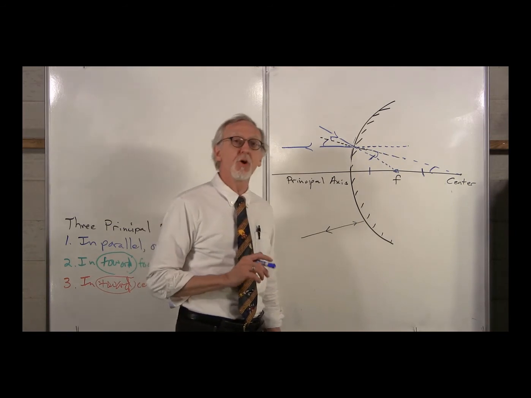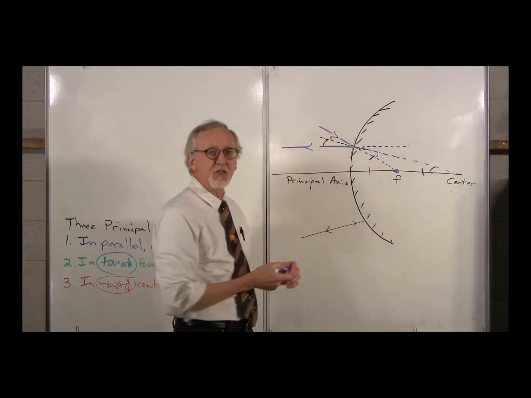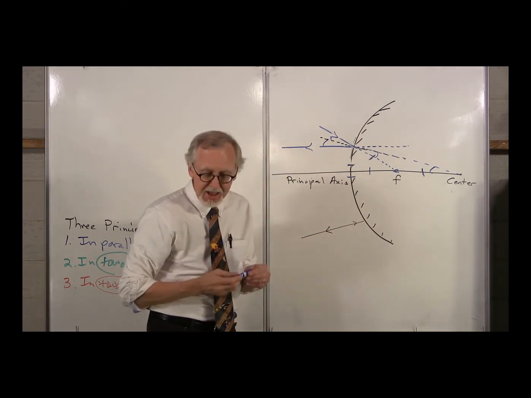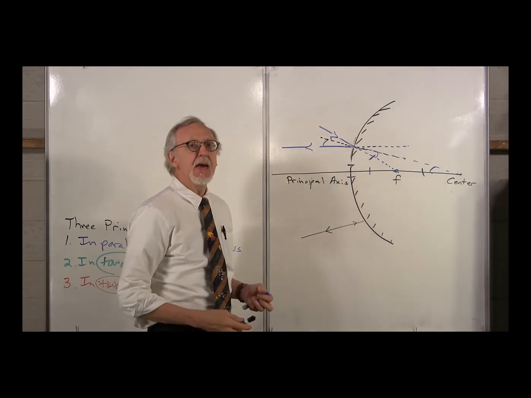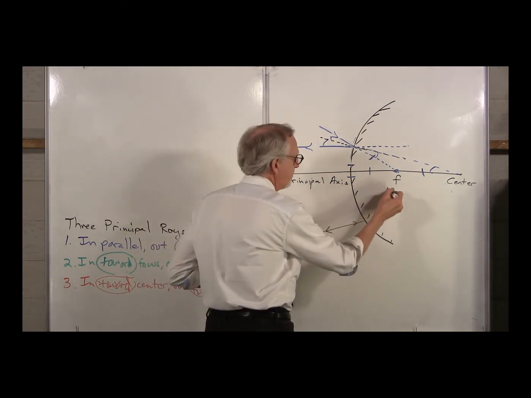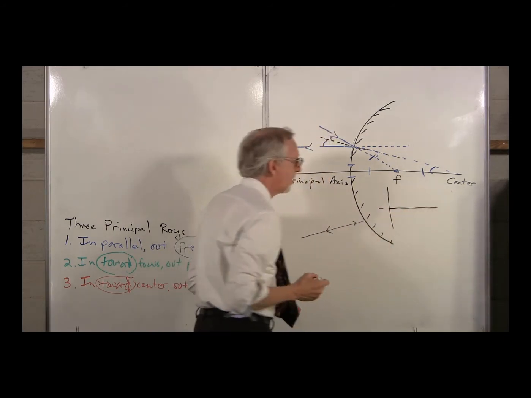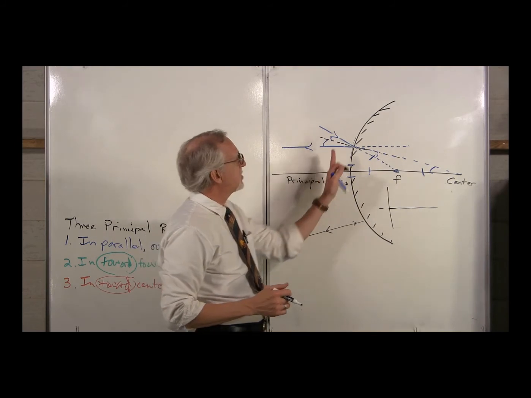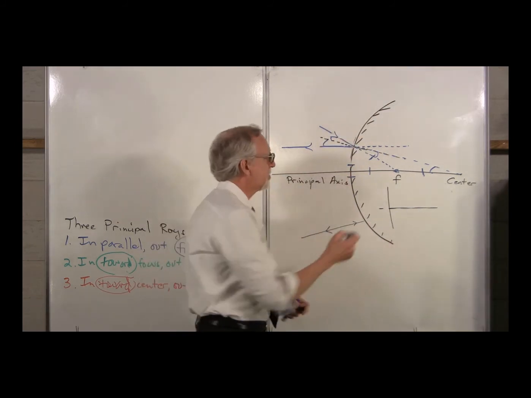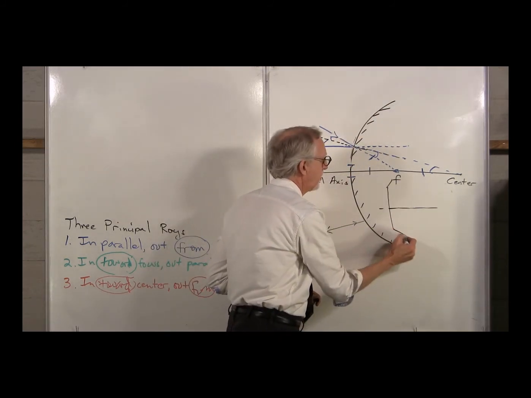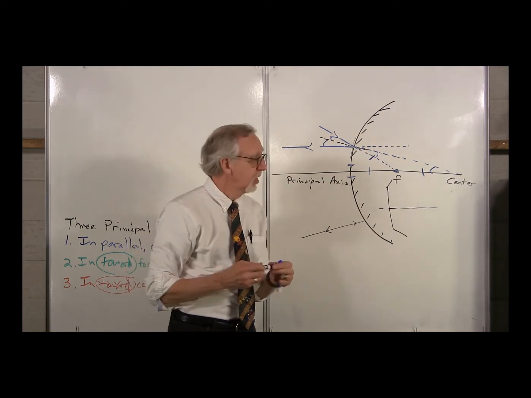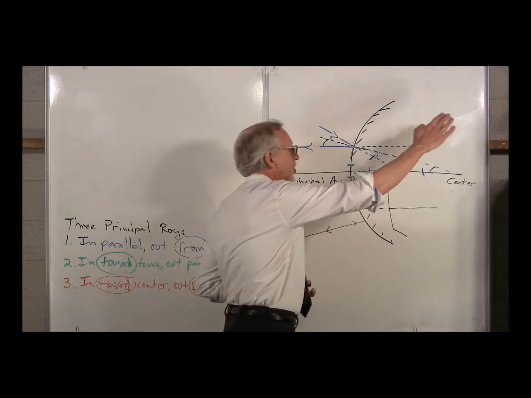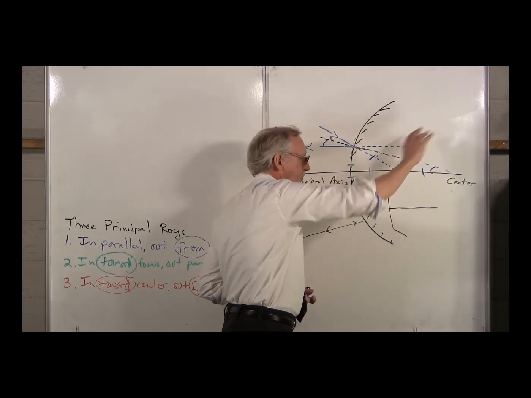But again, one more thing. Assuming we're close to the center, we're going to draw our mirror as a straight line. And in this case, so a straight line, there's our mirror. But in this case, because the curvature is in that direction, I'm going to put our tabs going the other way. So the light is over on this side striking the mirror, and the mirror is then curved that way.